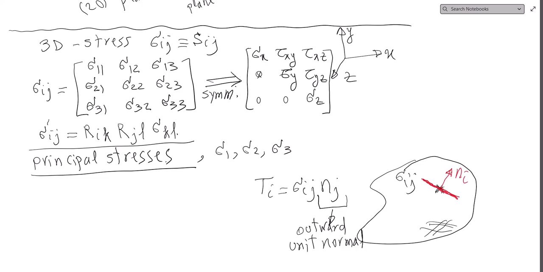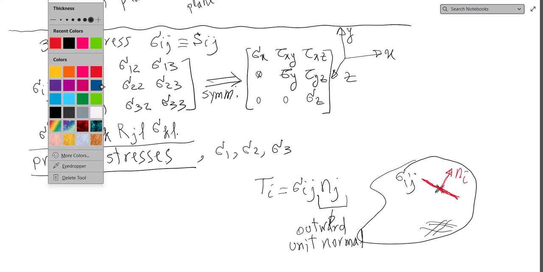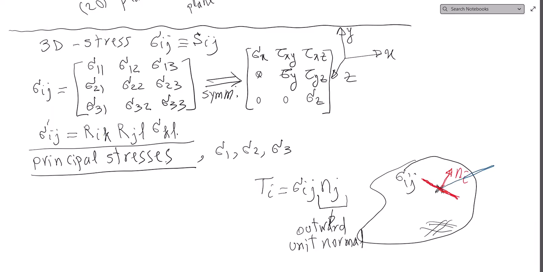As a result of that, I may get a traction. This traction is not necessarily in the direction of the normal. Let's say traction Ti. Traction is the force on that surface.